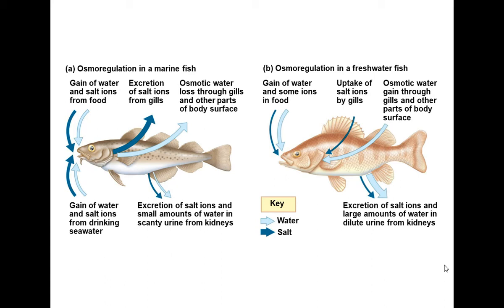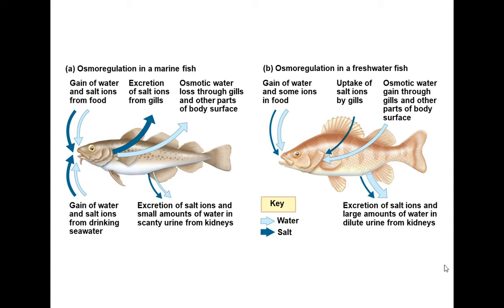You'll notice that in the marine fish, they are taking in water from both seawater and ions from food. They are able to excrete some of those ions from their gills, and they're able to lose some of their water through the gills. They do not excrete a lot of urine because, again, they are losing water constantly to their environment.